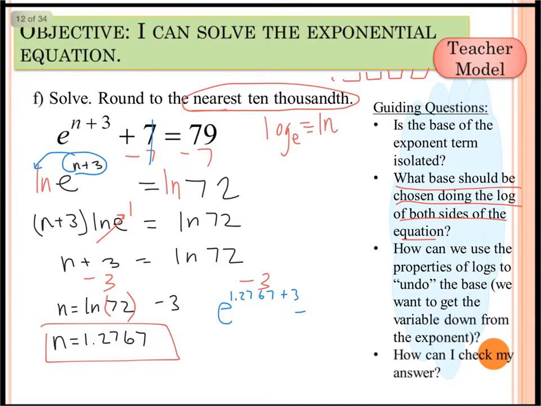Plus 3, plus 7, and I want to check and see is that 79. And just to let you know, when I did this in my calculator, I got 79.0024, some other decimals. And the reason why we're not getting exactly 79 is because we had rounded our n number. We didn't take all of those decimals. So it was approximately equal to 79, which is fine because there is always some kind of error when we round.